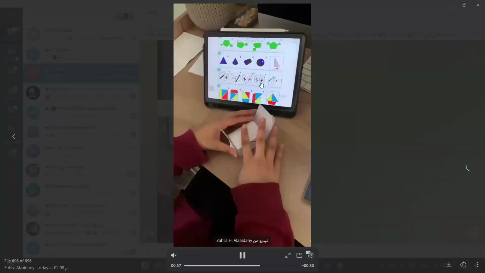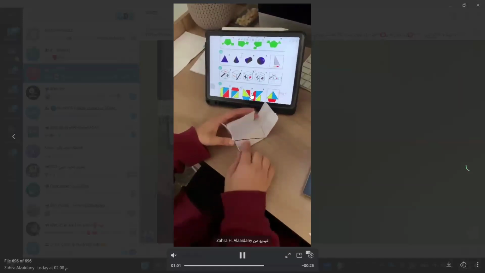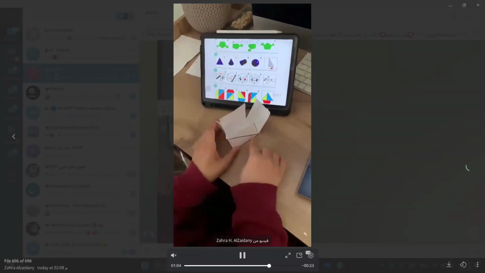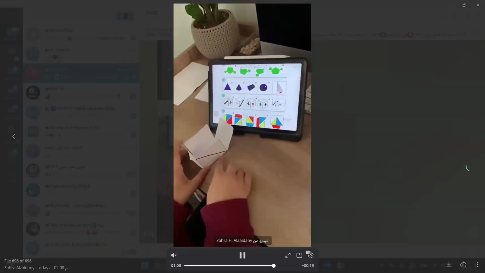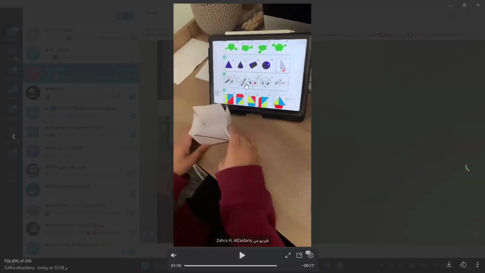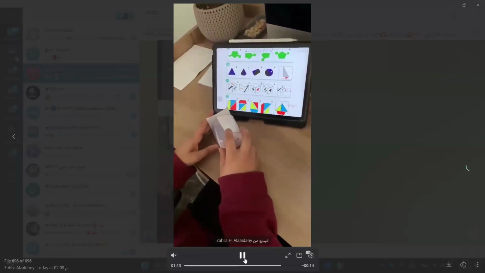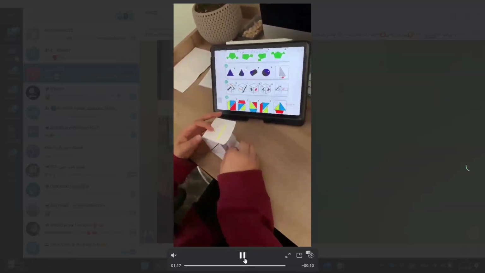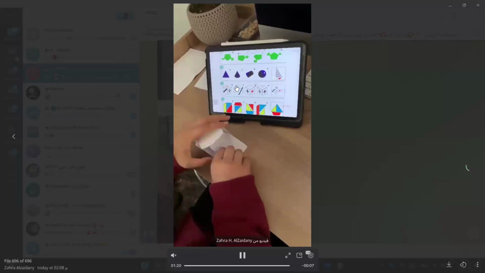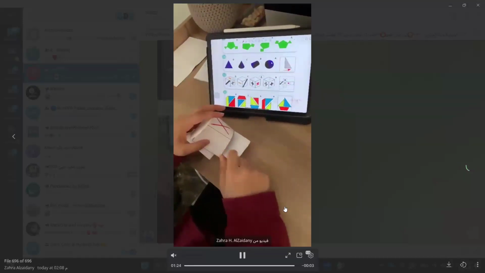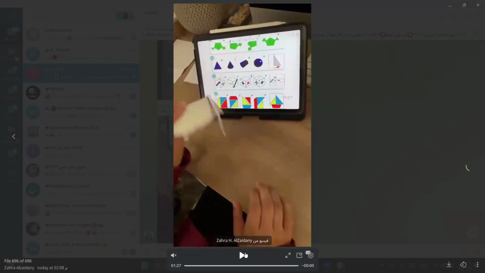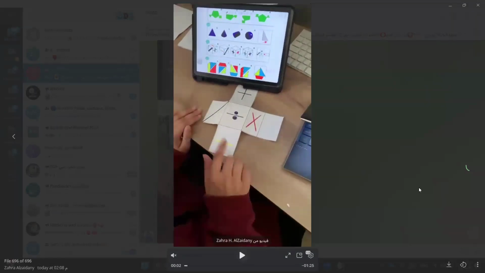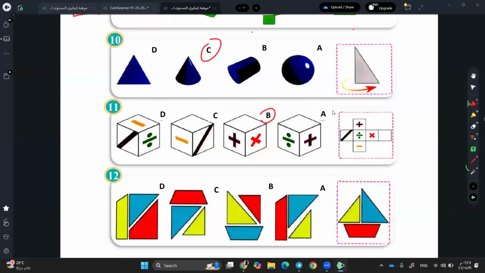So A is not correct. And also C, you can see here that on C, this is a line, but on that side, it's going to be different. It's going to be like that, like my eraser.